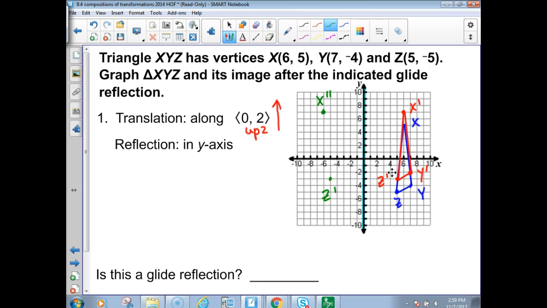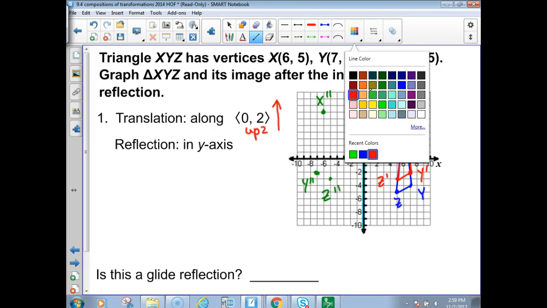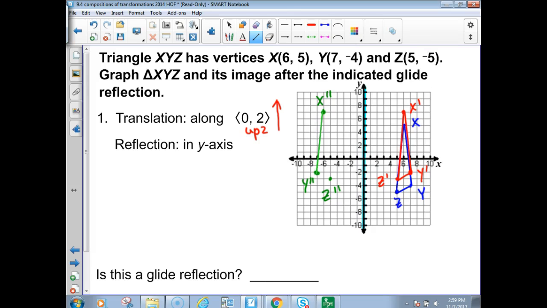Y is 7 to the right, so stay on the same line. Y is horizontally. Go over 7 to the left. That should be Y double prime. Sorry, I need double tick marks on all of my points. And then I'll finish off drawing the figure. Ooh, I made it really pointy.